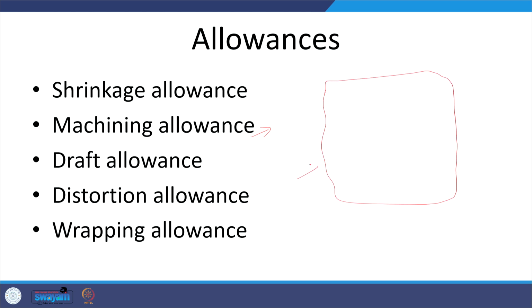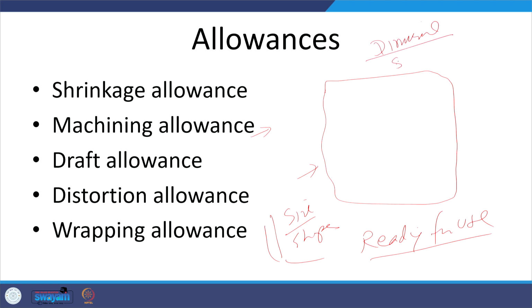Now the machining allowance. After casting, the products are usually of a size and shape that is not directly ready for use, because their dimensions and surface finish may not be as good as desired for a particular application.